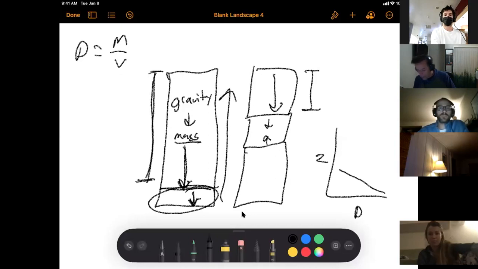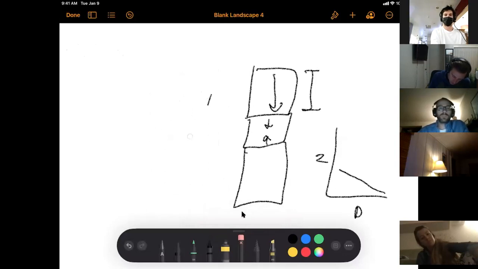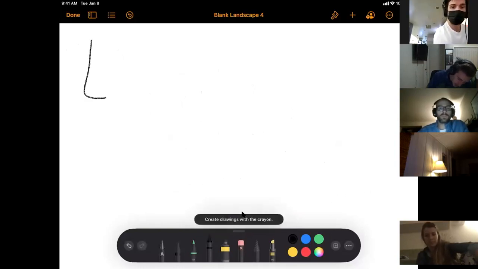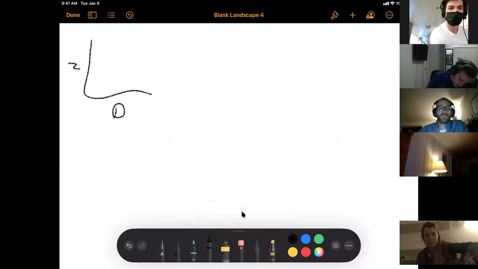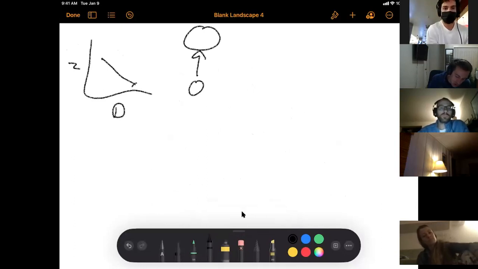So basically, the picture we're trying to paint is this: as our parcel of air rises up through the atmosphere, it starts here and starts going up in altitude.